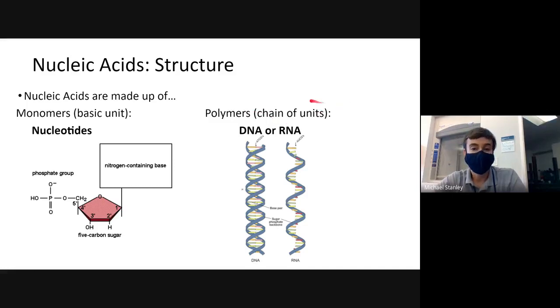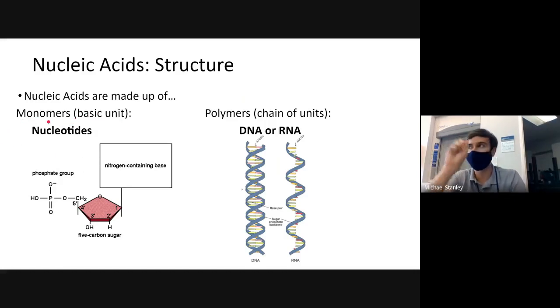So our DNA, or another type of nucleic acid called RNA, that I'll talk about later on in the term, is made up of hundreds and thousands or millions of little pieces called nucleotides. So nucleotides are what are called monomers, which is like a basic unit.